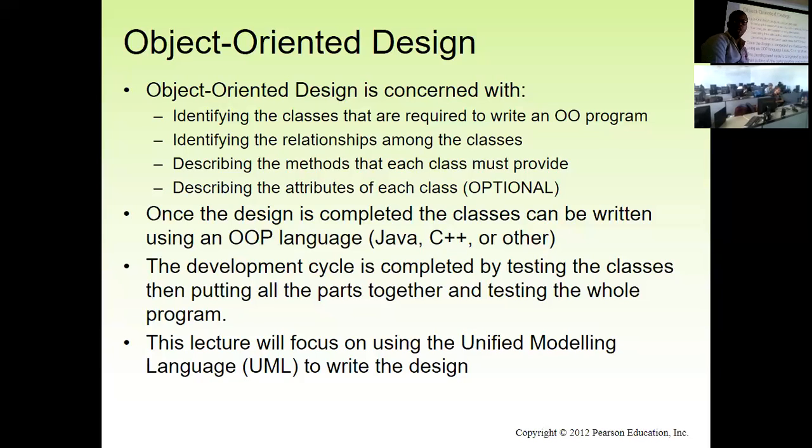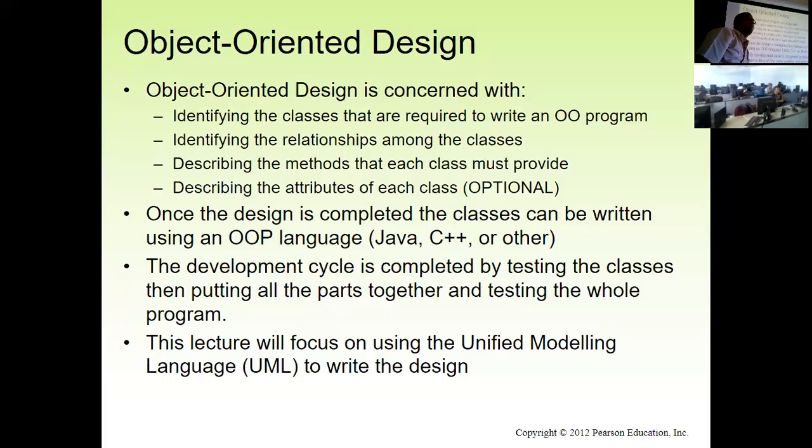All right, so remember, object-oriented design is concerned with identifying classes that are required to write an object-oriented program, identify their relationships, describing the methods that each must provide, and describing the attributes of each class. Now, it's good to describe the attributes, but that's something that evolves and is not strictly a part of the core activities.